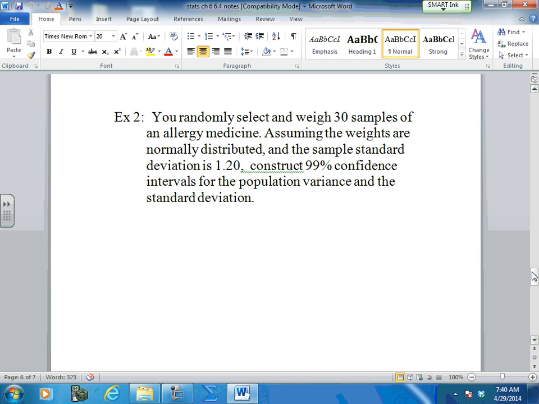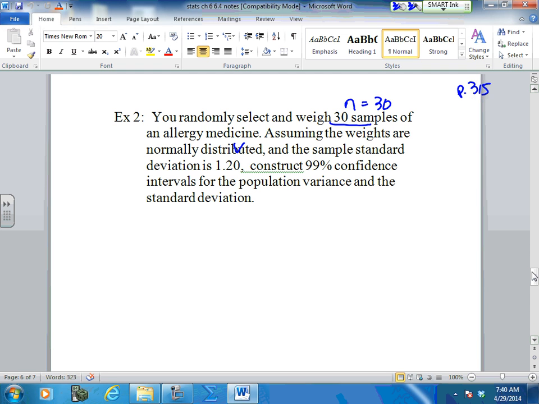So let's try one. I'm on page 315. You randomly select and weigh 30 samples. This is your N. You assume that the weights are normally distributed.